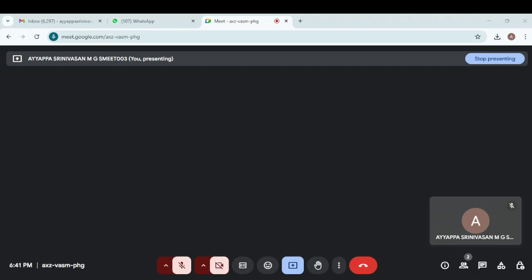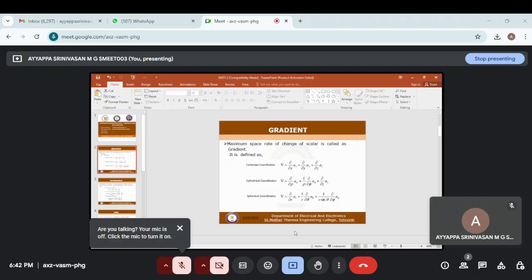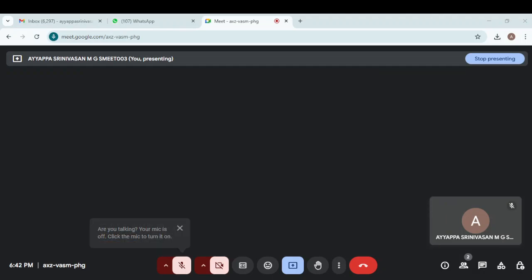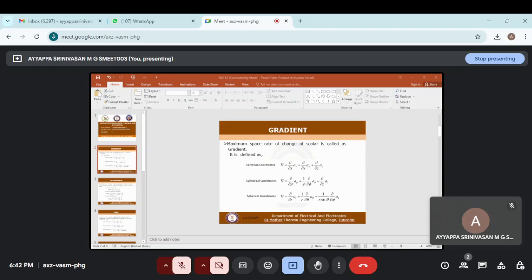So in three directions, how the particular quantity, in our example the height of the road, changes is given by this. Near each dou we have to add the vectors, such as ax, ay or az.